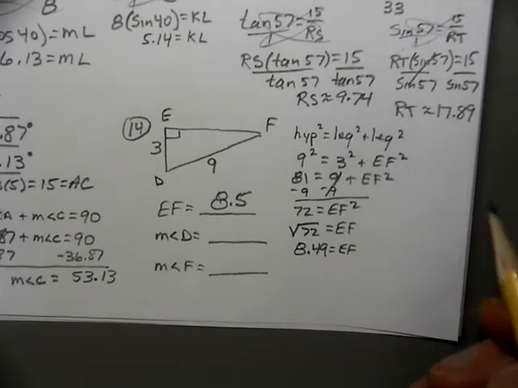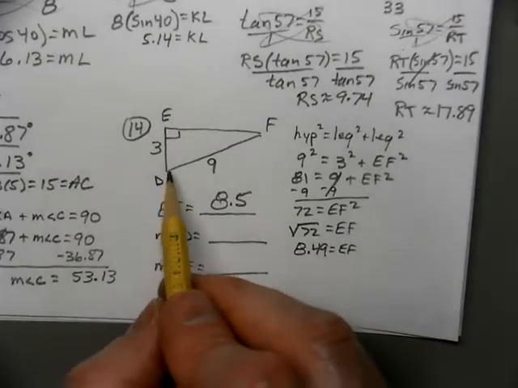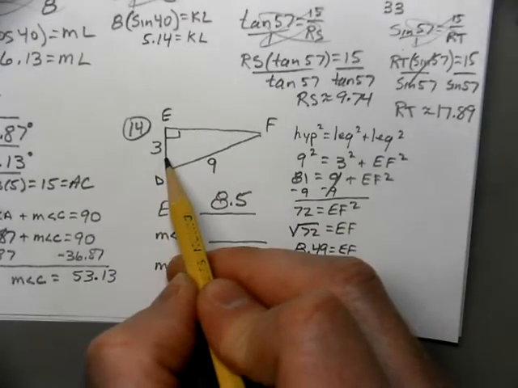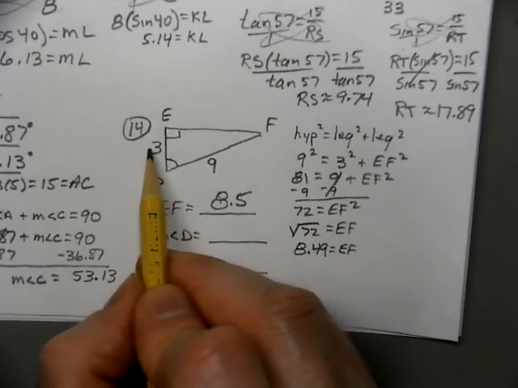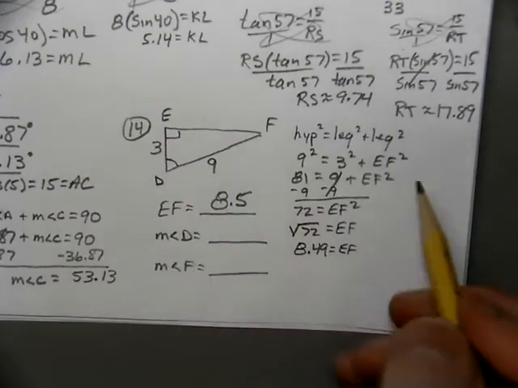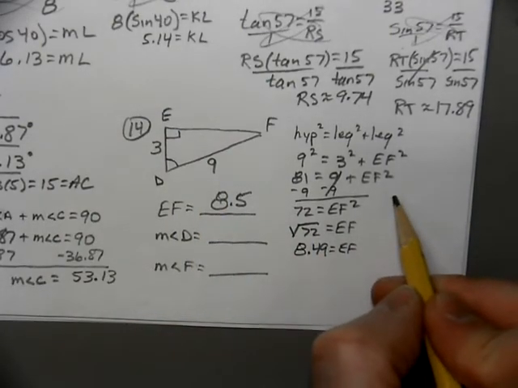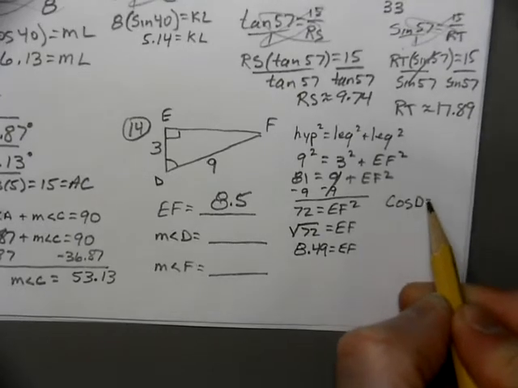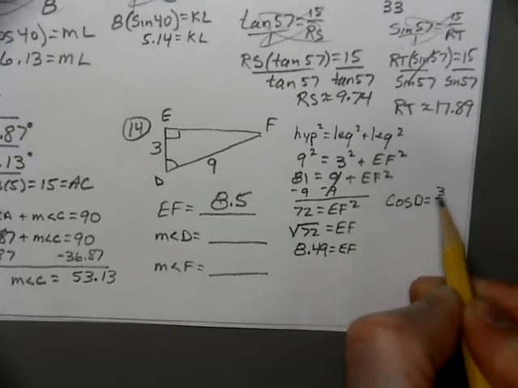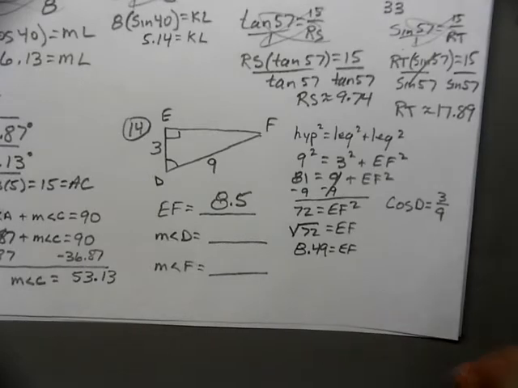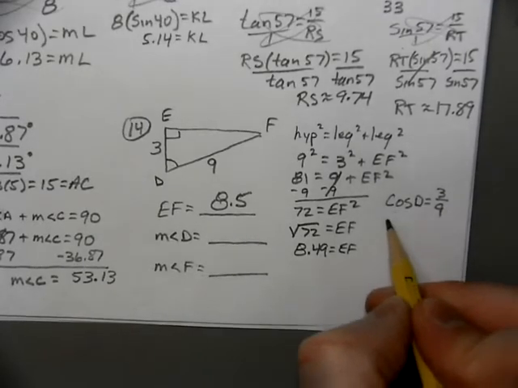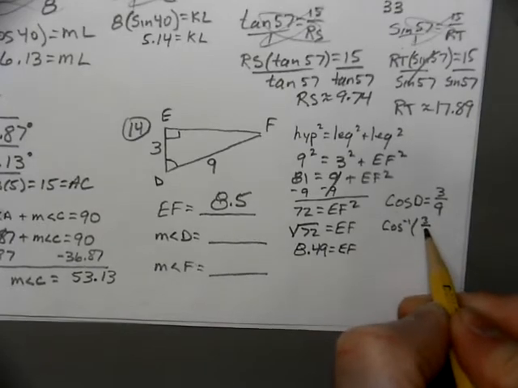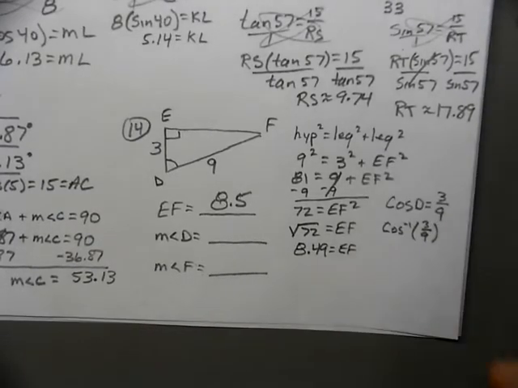Okay, now to find the angle measurements, I'm going to use the information that they have right in front of us. So from angle D, I'm going to use adjacent over hypotenuse, which is cosine. Cosine of D equals adjacent over hypotenuse. So then we're going to use cosine inverse of 3 over 9.